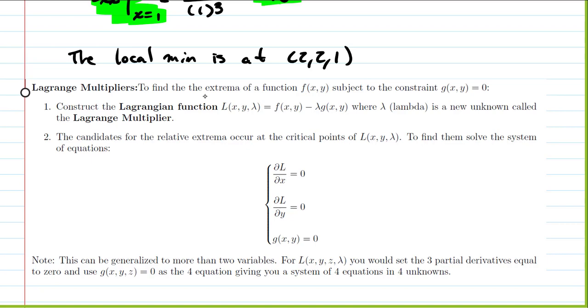So it's worth noting that this can be generalized to more than 2 variables. If we have 3 variables, for instance, then our Lagrangian would be L of x, y, z, lambda, and we would set the 3 partial derivatives equal to 0 and use g of x, y, z equals 0 as equation 4. So if we had 7 variables, we would have a system of 8 equations.